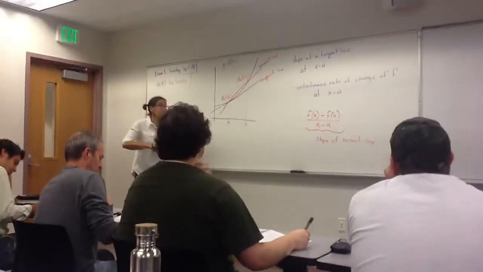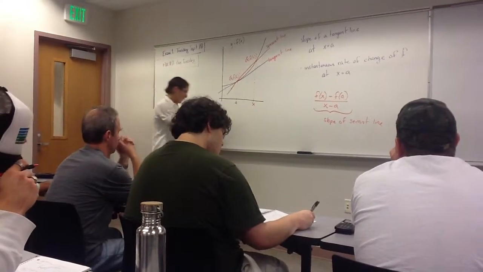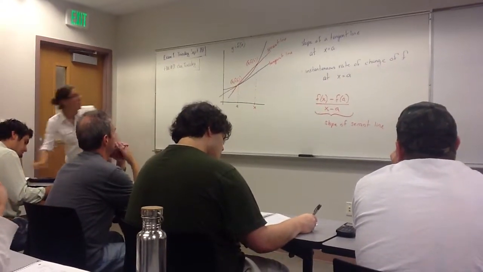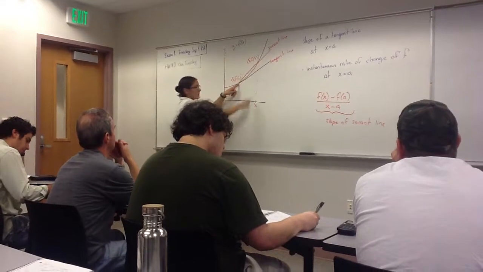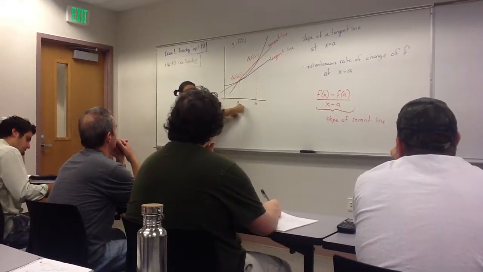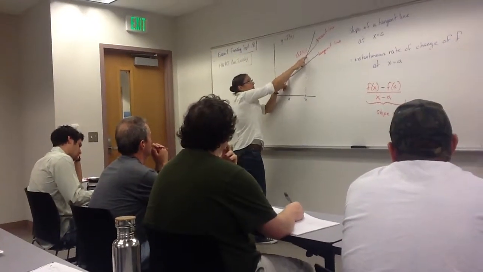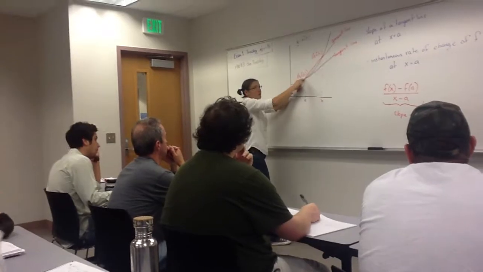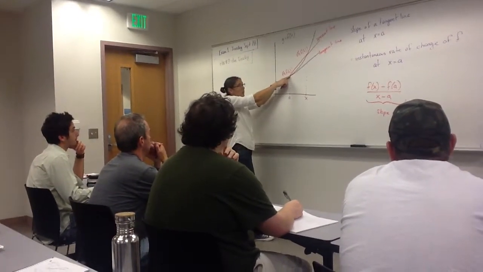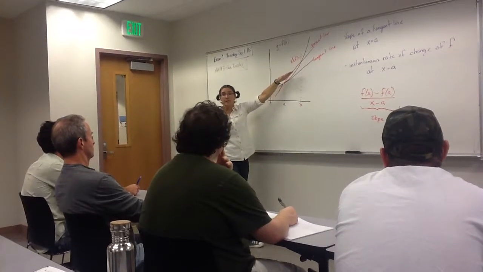And the cool thing, the action that we saw at the end of class last time, was that when we take this point up here, the one that corresponds to the x value, and we allow that x value to get as close as possible to our value of a, this second point up here, the x comma f of x, gets really close to a comma f of a. And once they're just about on top of each other, then what we have is our tangent line.